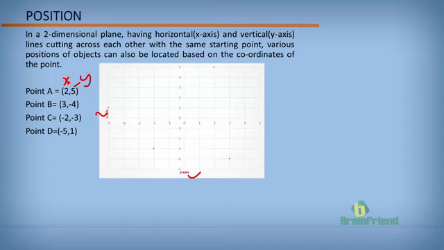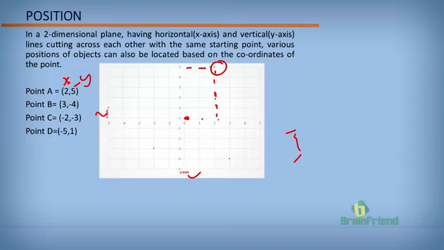So what do we do? Having drawn our Cartesian plane, with this as the origin, our reference point, we count 1, 2 for point A. So it's somewhere here. Y is 5 on the y-axis, somewhere here. So this is the location of point A. But that's not all.